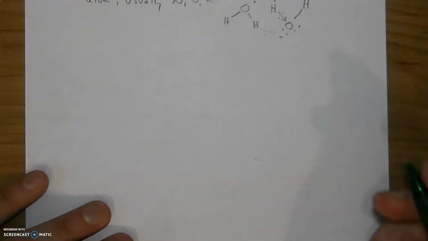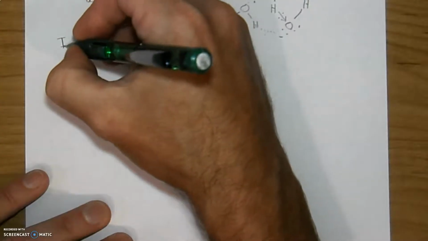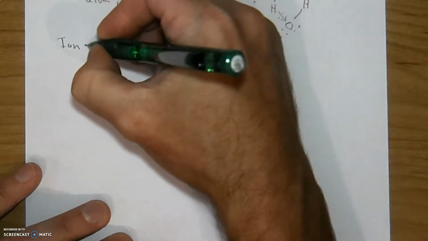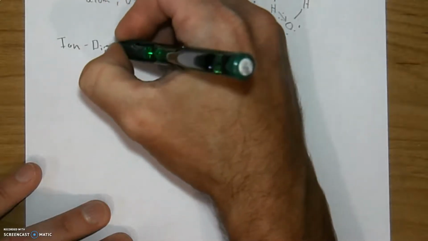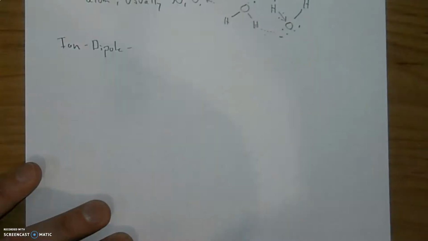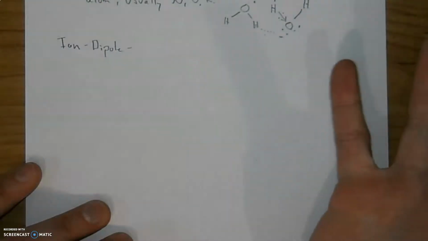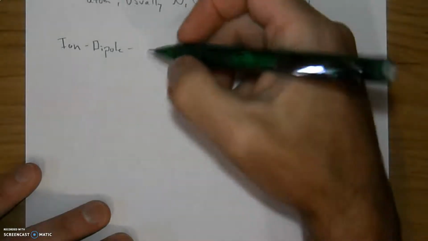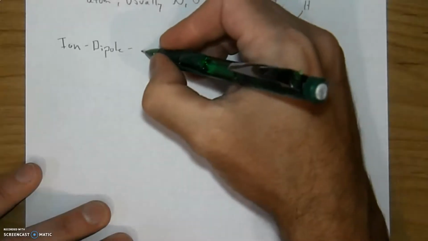All right, let's do our next one here. Let's go on to ion dipole. Ion dipole is to think of like a sodium ion in a water solution. So water has dipole, and an ion is charged. So we'll write this one down.